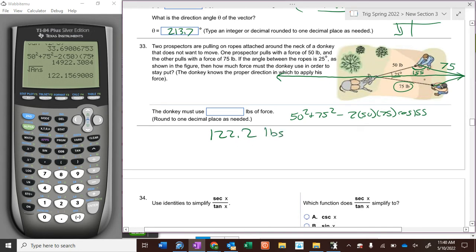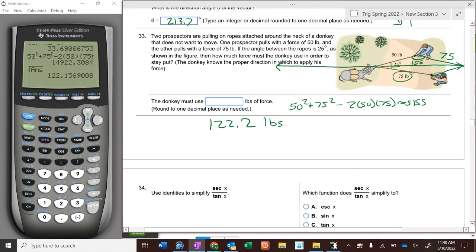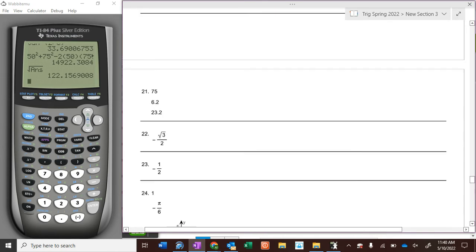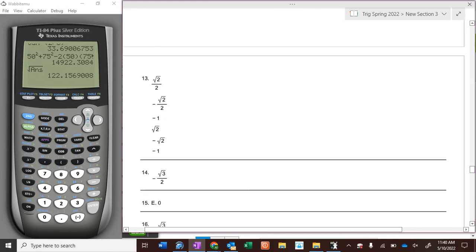What's happening here is because they're going at an angle, if they were lined up straight, they'd use exactly 120 pounds of force. But since they're going at an angle, they have to use a little more force to move the donkey. Let's make sure that's right. 122.2.